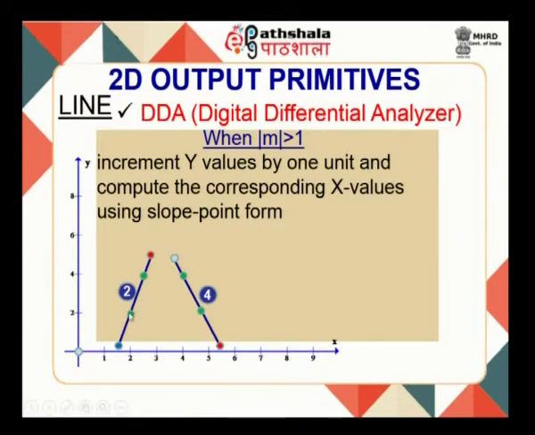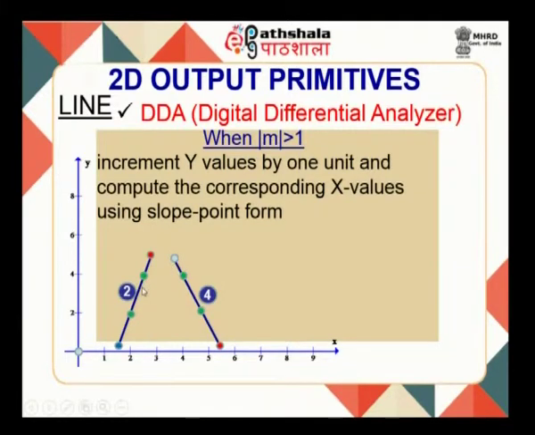Line type 2 has a slope greater than 1 and positive. For line type 4, the modulus of the slope is greater than 1, but m is negative.